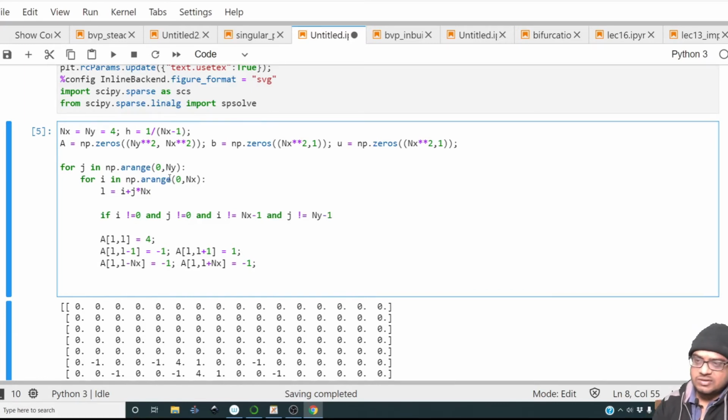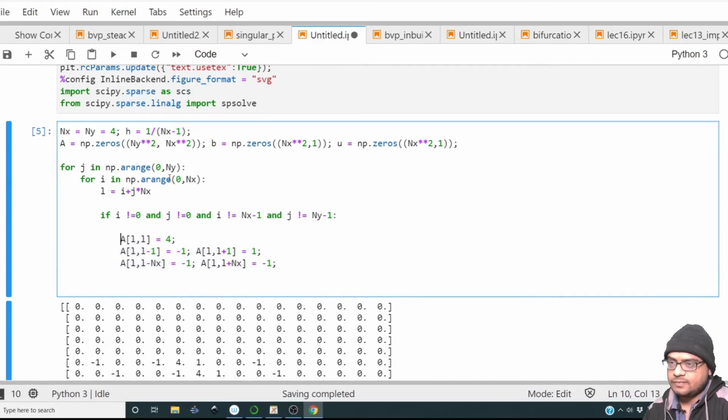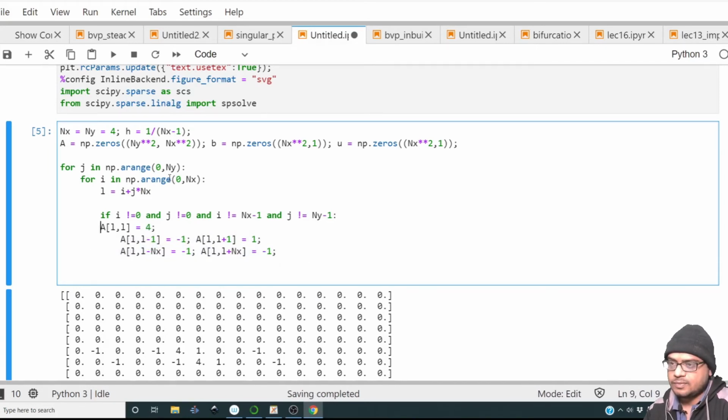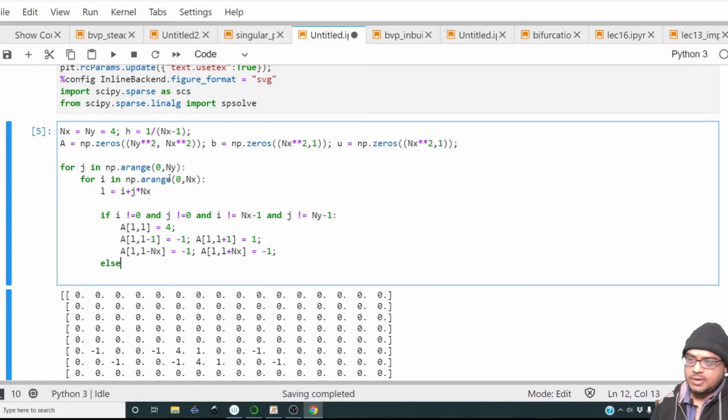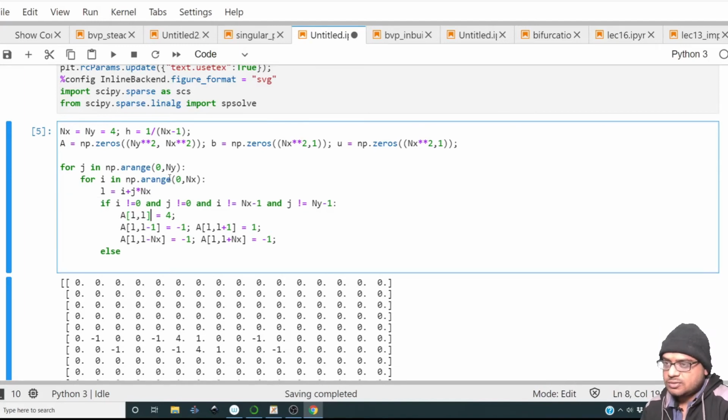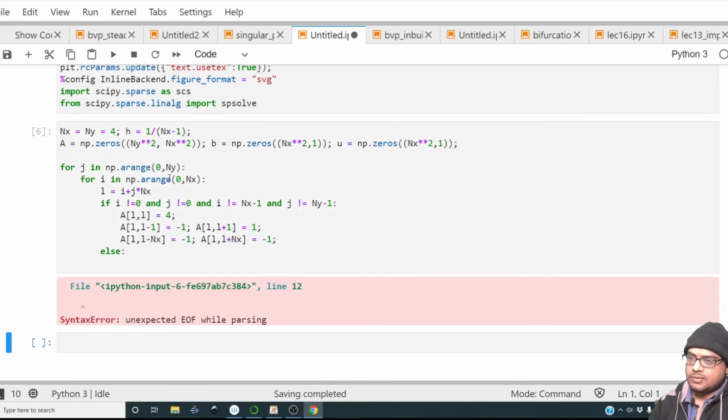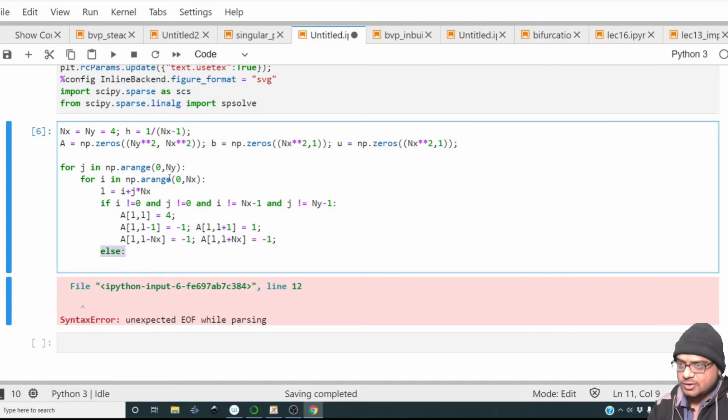So what this means is if you are not at the outer boundaries, then you do this particular assignment, right? Else you do nothing. Okay, let me just remove this.